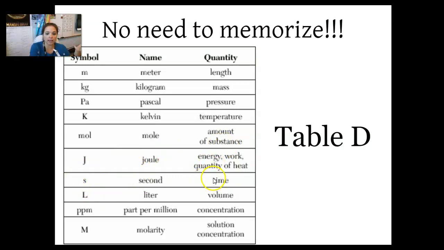S is seconds for time. L, liter, is volume. ppm is parts per million. And M, capital M, is the solution concentration. That's the molarity. So you have to distinguish between the lowercase and capital letters. Don't mix them up. All right?